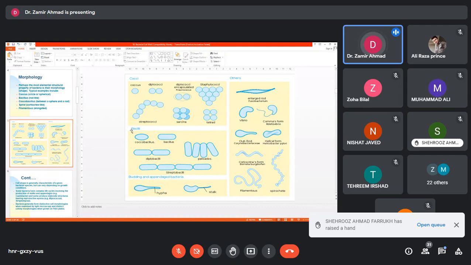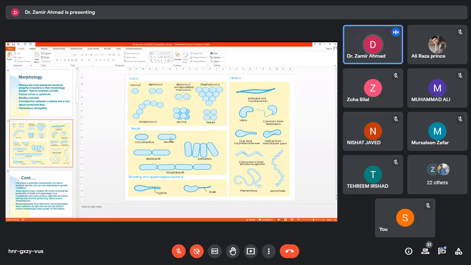When you come to the bacilli, they are the rod-like structure, and in between the spherical and rod-like structure are the cocobacilli. Examples of these are diplobacilli, composed of two bacilli, the palisades, and streptobacilli.